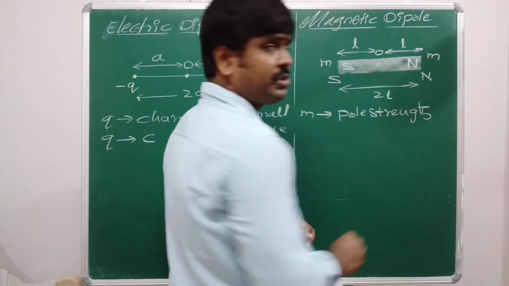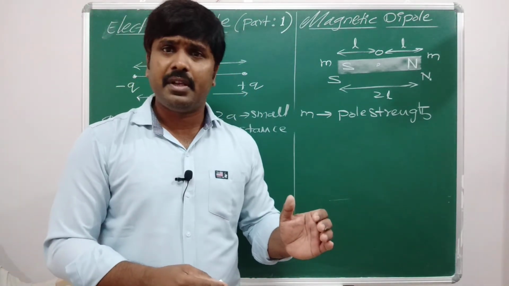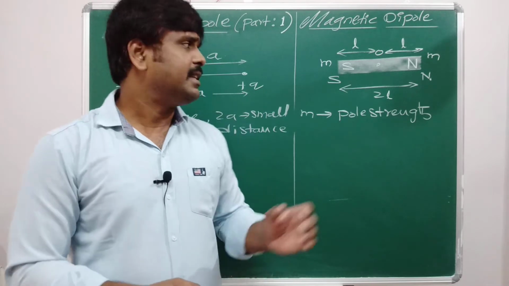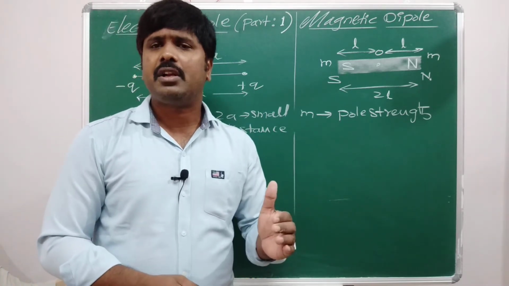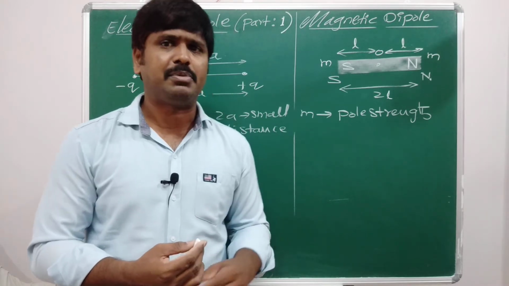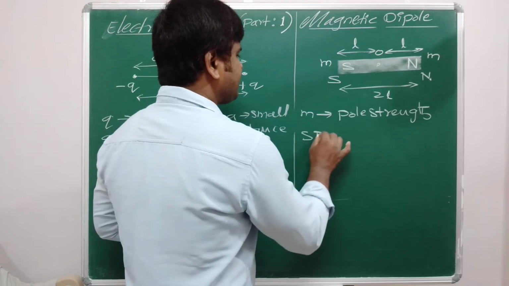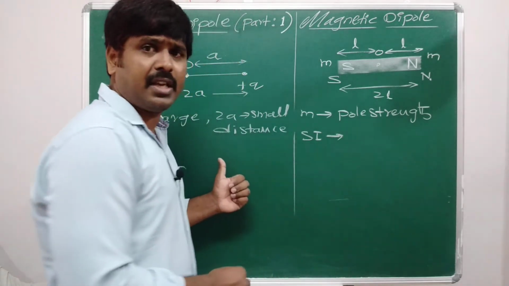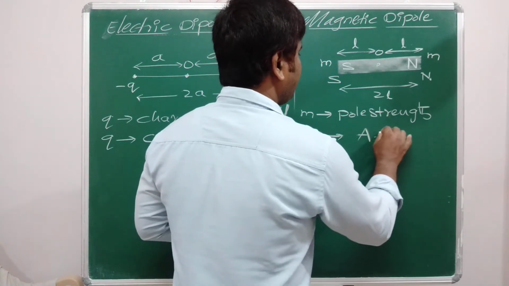So what is the pole strength? The ability of attraction or repulsion of a magnetic substance is called pole strength. It is a scalar quantity, just as charge is also a scalar quantity. The SI unit of pole strength is ampere meter.